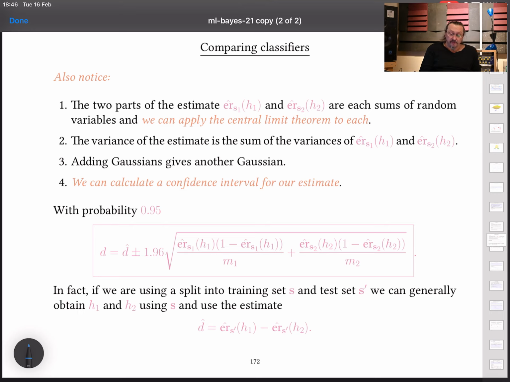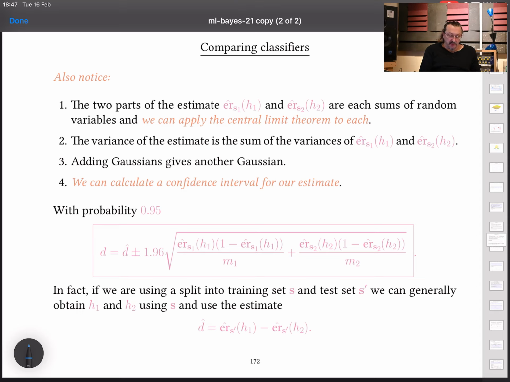exactly as before. The estimate of the difference is Gaussian distributed around a mean of d, which is the actual difference, and we know what its variance is because it's the sum of the variances of the two estimates.